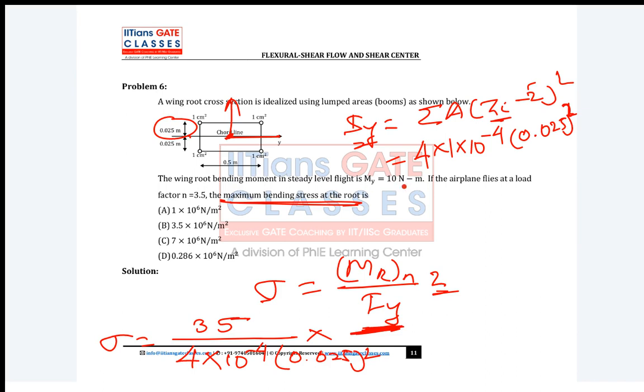If you see the distribution and My is given positive, that means on top it will be tension and bottom it will be compression. So maximum will be either on top or bottom. So the z distance will be 0.025.